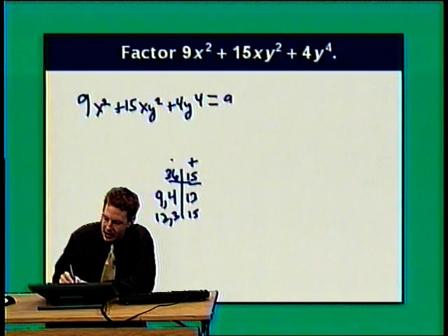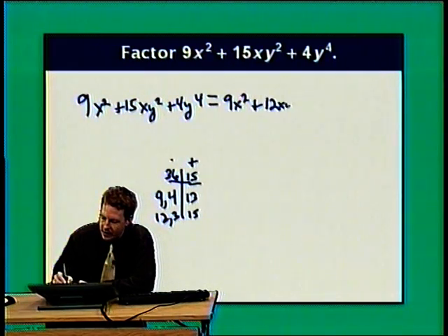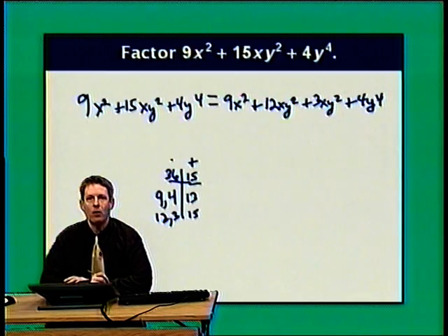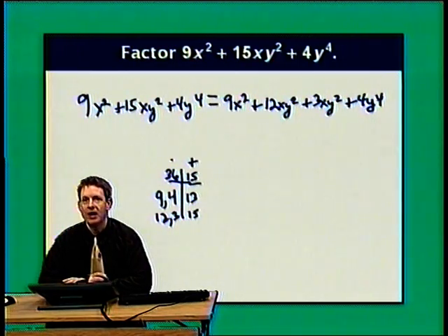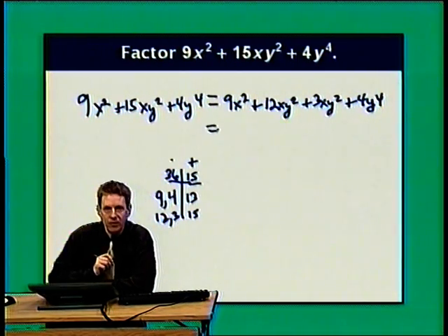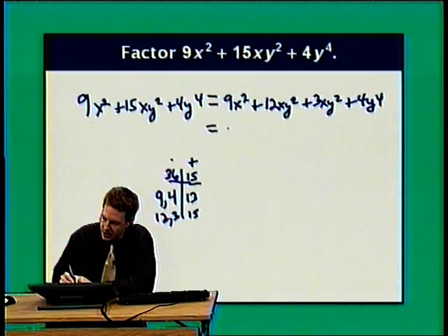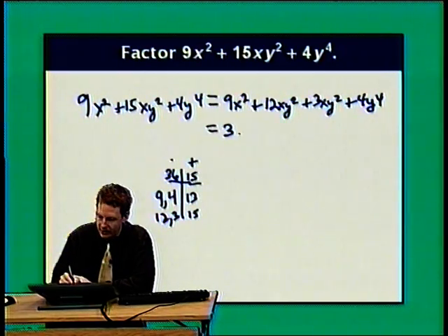So let's take my middle term and rewrite it as 12xy squared plus 3xy squared. Now I want to group the first two terms and look for common factors, and group the last two terms and look for common factors. In my first two terms, both coefficients are evenly divisible by 3, and they both have a factor of x.